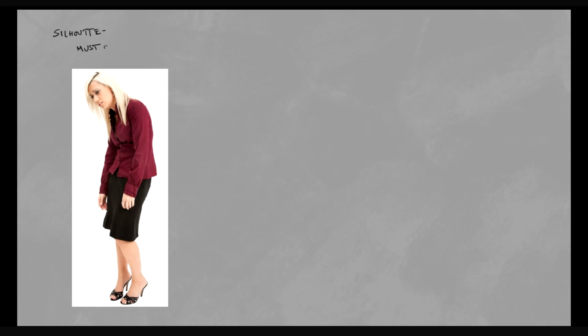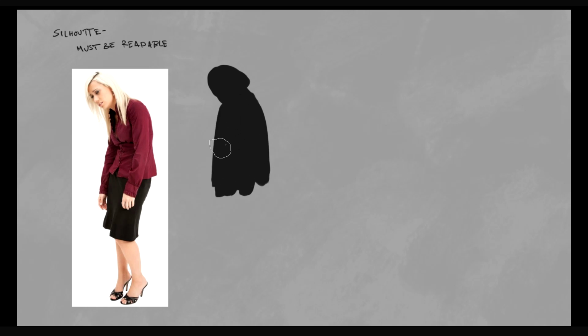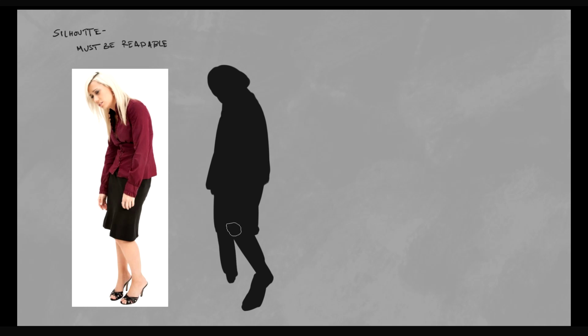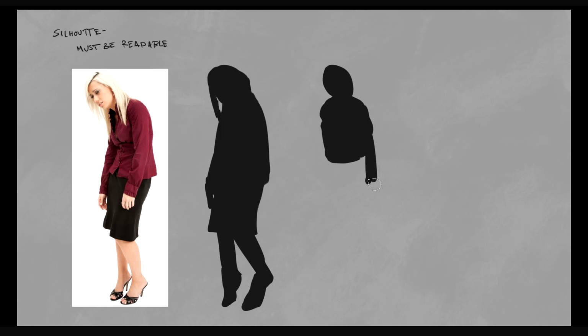Alright, silhouette. The silhouette of the body must always be readable. If it's not readable, then the pose will not appear good enough, no matter how much detail you put into that. So always keep that in mind whenever you are posing characters or figures. In this example, the pose is already boring and the silhouette itself is boring, but still it is readable because she is facing almost to the side.